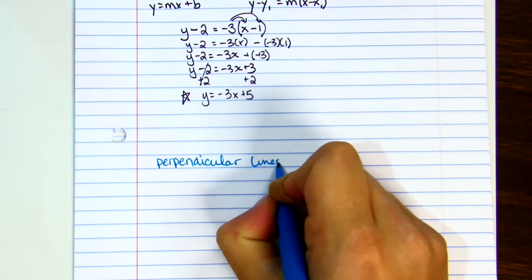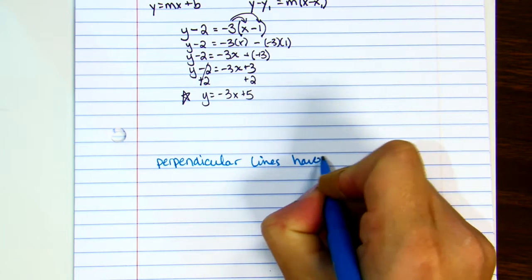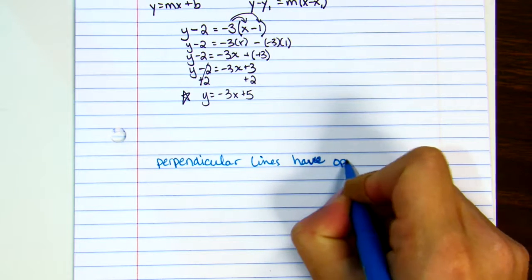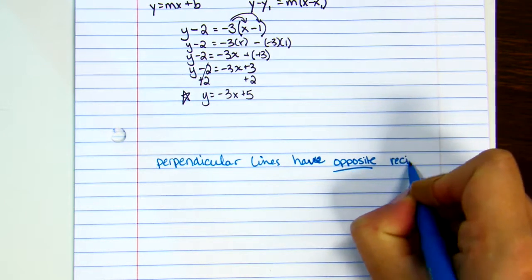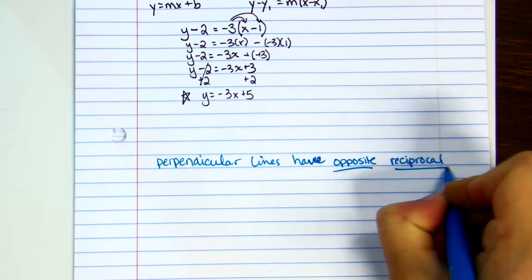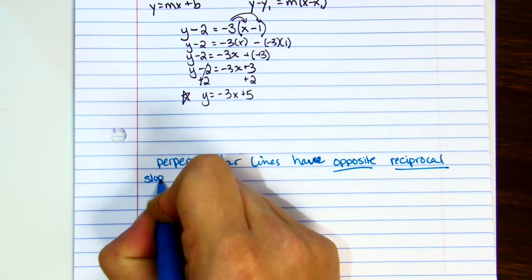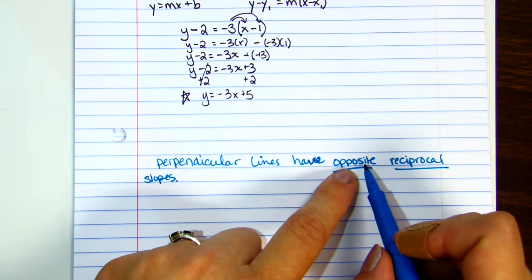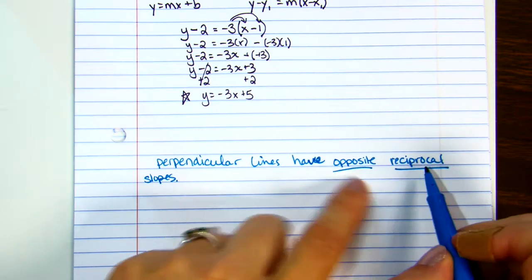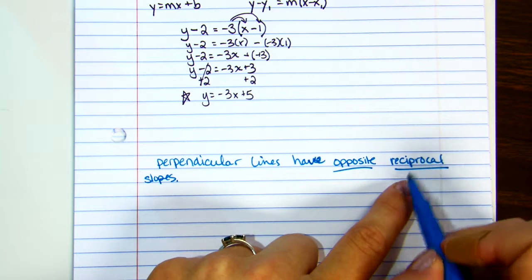Perpendicular lines have opposite reciprocal slopes. So opposite means if one is positive, the other is negative, or if one is negative, the other is positive. Reciprocal means the flip.